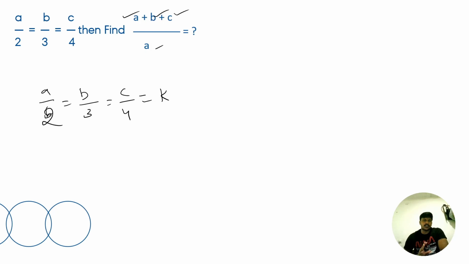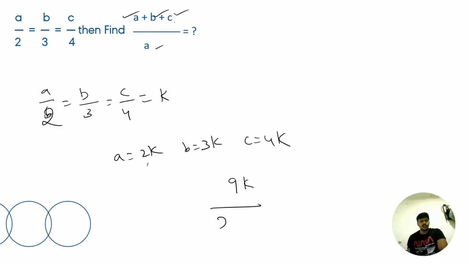It's not going to affect your value, because I'm going to cancel them anyway, that's why I'm taking k. So then I can write a equal to 2k, b equal to 3k, c equal to 4k. Now I want a plus b plus c: 2k plus 3k plus 4k, so 5 plus 4, 9k. And a equal to 2k. So the answer is going to be simply 9 by 2.